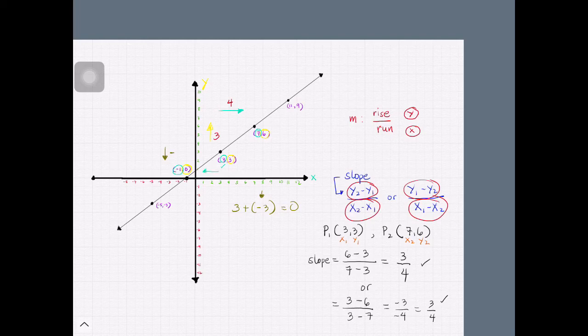That would give us -1. Similarly, from the point (-1, 0) this time, adding -3 from 0, we'll get -3, and adding -4 from -1, we'll now have -5. So the next point would be (-5, -3).